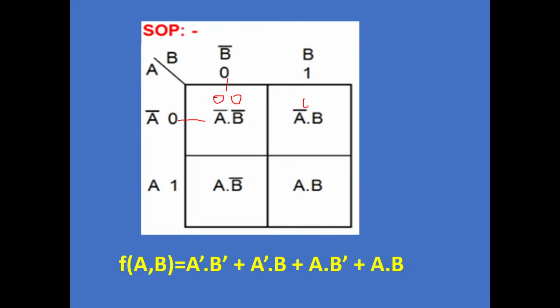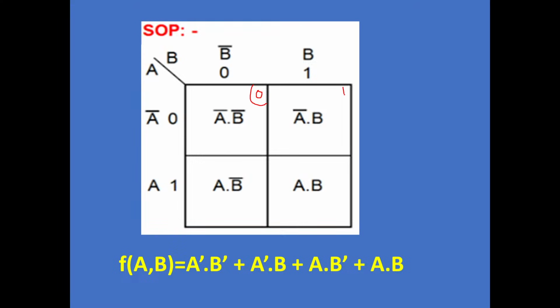So in this box, 0, 1. In this box, 1, 0. Here, 1, 1. You have to simply look at the left and look at the top of each box. And numbering is what? For this box, numbering is 0.